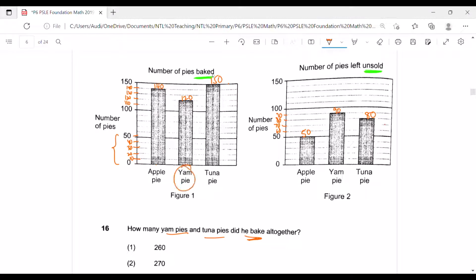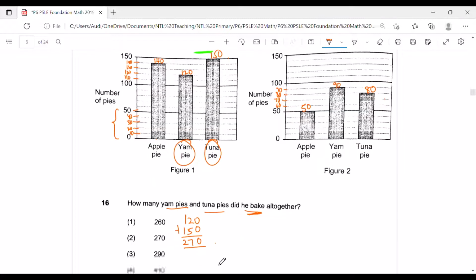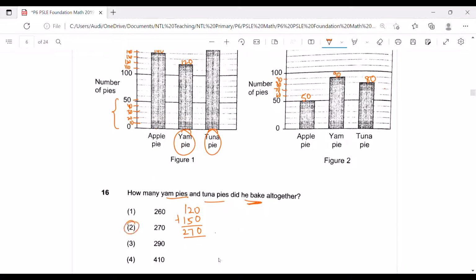So yam and tuna, so what do we do? 120 yam and tuna is 150, so we get 270. That's our answer. Okay, I will now erase this. You try this question. Pause. Once you get the answer, you press play.